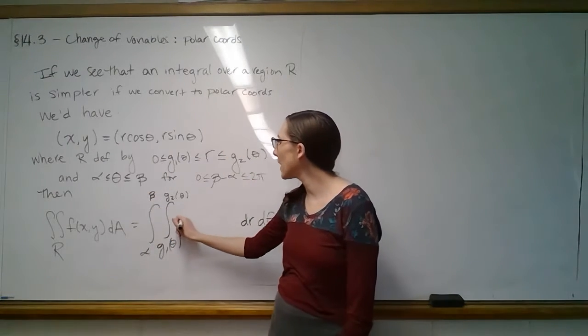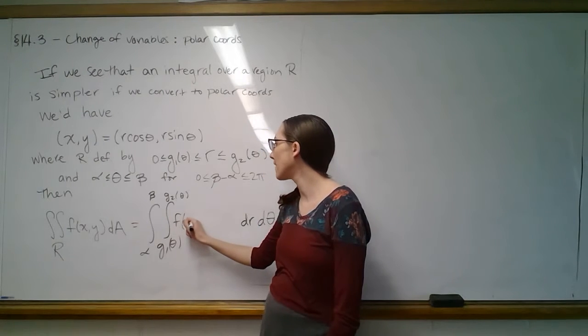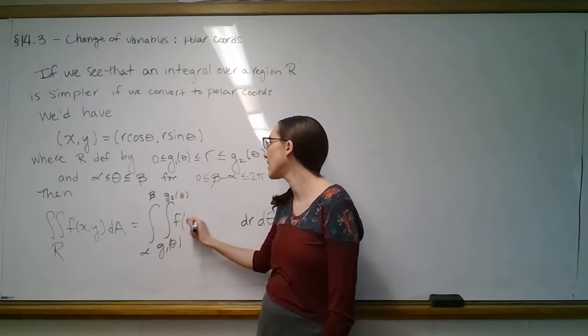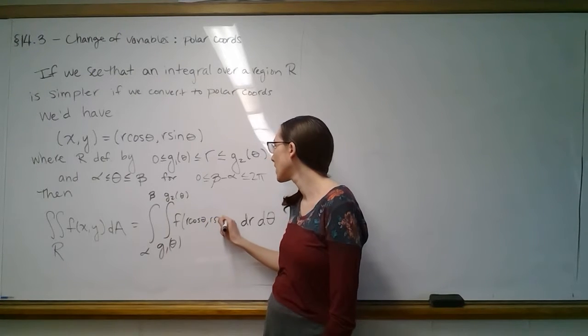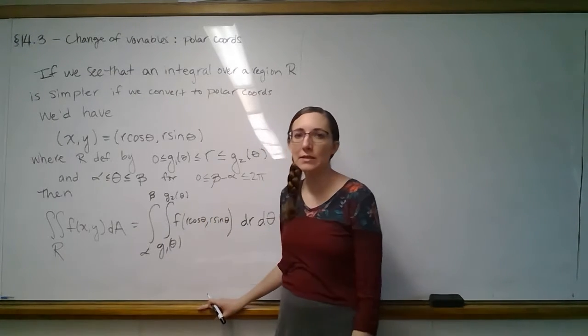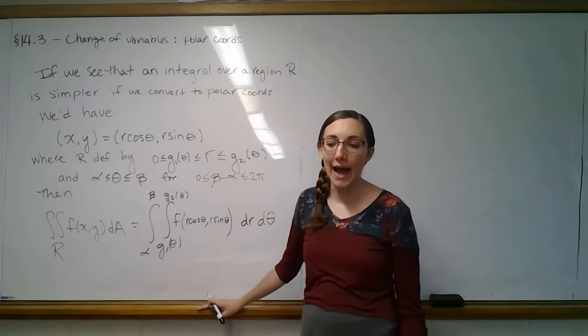We're going to sub in the x's and y's, so this will be f of r cosine theta, comma r sine theta. But it turns out that this isn't going to be an exact equality as is.